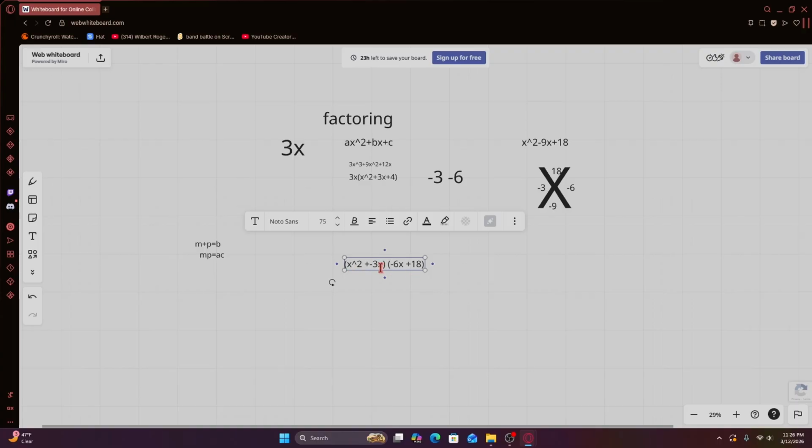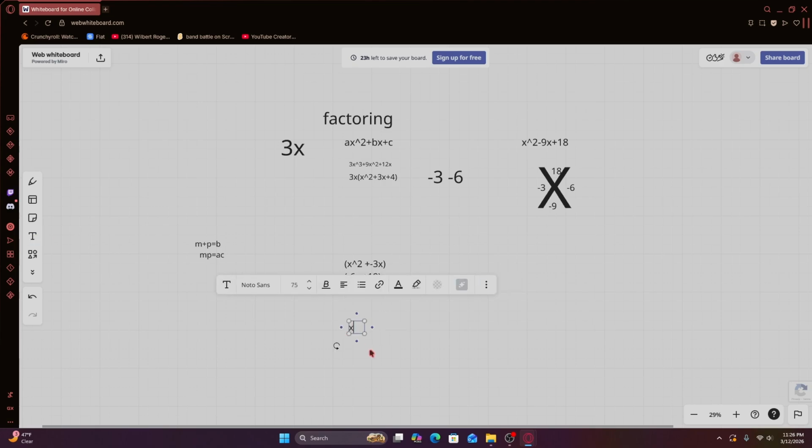You group them into groups of 2 and simplify them. Just like with the GCF, we find the GCF so we can guarantee at least one x. So, for this first one, x is our GCF.